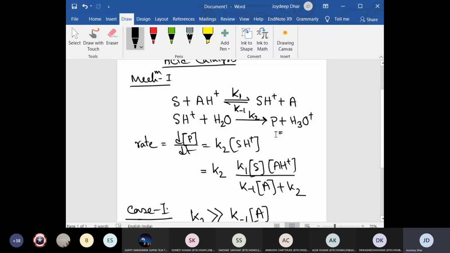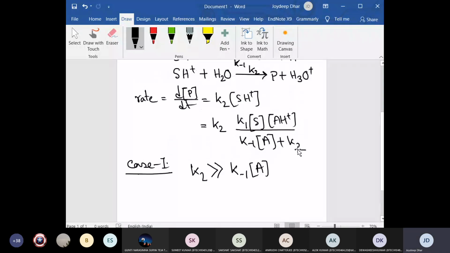If the product formation step rate constant is much larger than the reversible one, I can say the denominator is approximately K2. So the rate will be equal to K2 K1 S AH+ divided by K2.